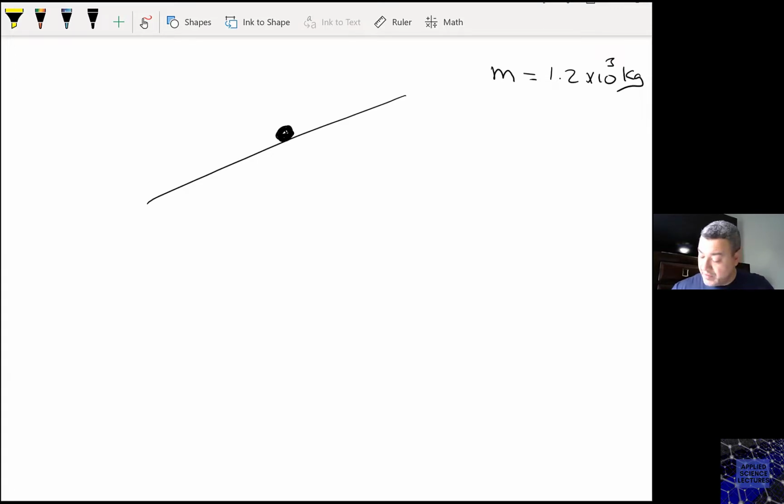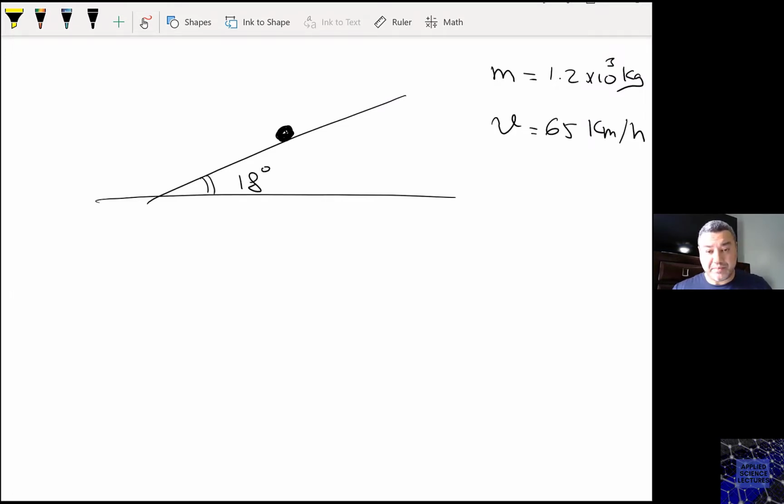The speed was 65 kilometers an hour down a hill inclined at theta, 18 degrees.